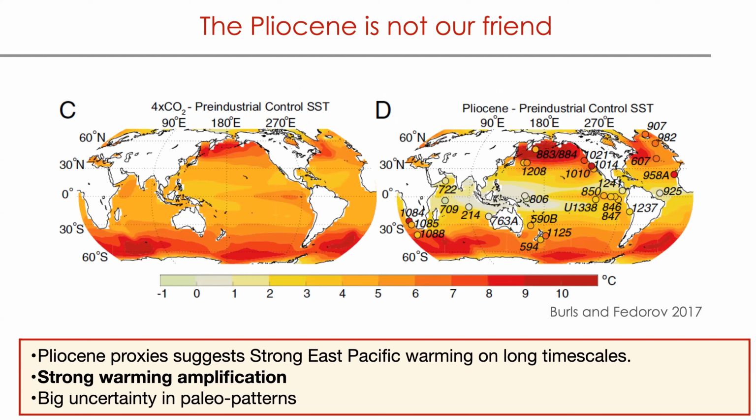There's big uncertainties in these paleo patterns, but at least some of these reconstructions show that it's possible that this pattern is going to switch to a much stronger East Pacific warming on long time scale compared to coupled simulations, which should lead to a very strong feedback. Conversely, if the pattern holds, we might have a lower climate sensitivity, or at least a lower transient response.